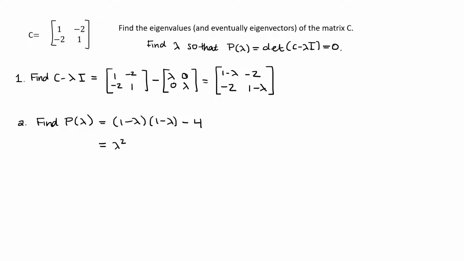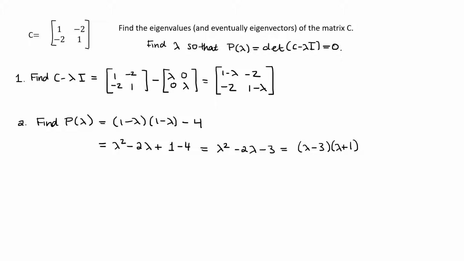I get lambda squared minus 2 lambda plus 1 minus 4. And I can simplify this further. I get lambda squared minus 2 lambda minus 3. And now I can factor as lambda minus 3 times lambda plus 1.